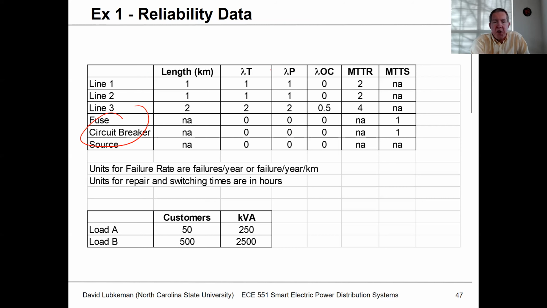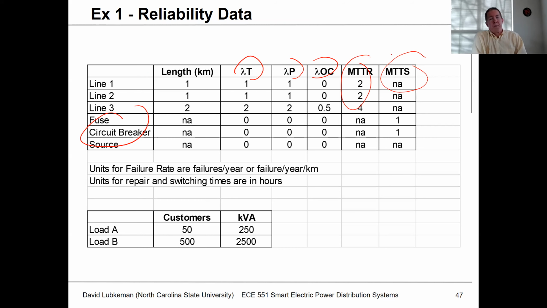And then you've got these failure rates, lambda T and lambda P, which correspond to temporary and permanent failure rates, and lambda OC is the open circuit rate. These are all going to be in terms of per year per kilometer. And then you have time to repair, and you have time to switch.